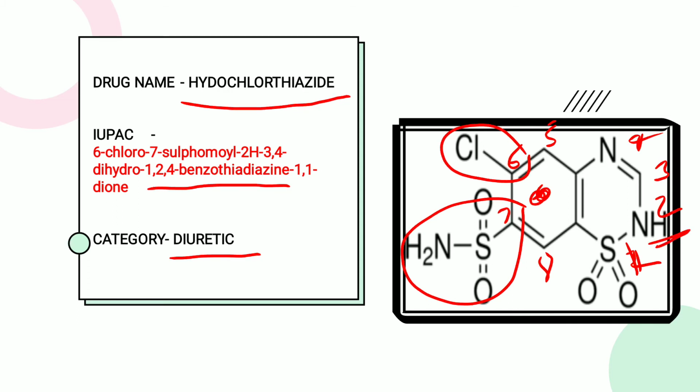At the second position there is one hydrogen, so we mention in the chemical name 2H. And again there is a bond break between 3 and 4, where again hydrogen is attached, so we write in the chemical name 3,4-dihydro. And the last, on the first position 2 oxygen atoms are there, so we write 1,1-dione.